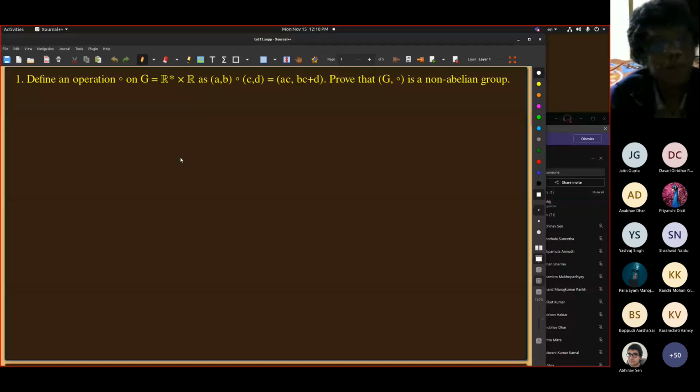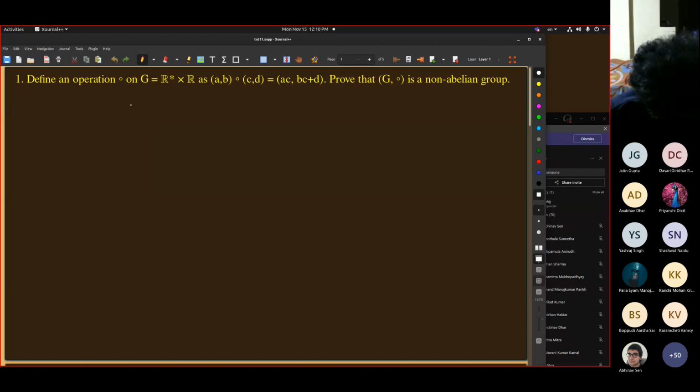So the first example is just a do it yourself kind of thing. I am defining an operation on this set. R star is the set of all non-zero real numbers, and R is the set of all real numbers. I am taking pairs of these elements. The first one is non-zero, the second may be zero or non-zero.